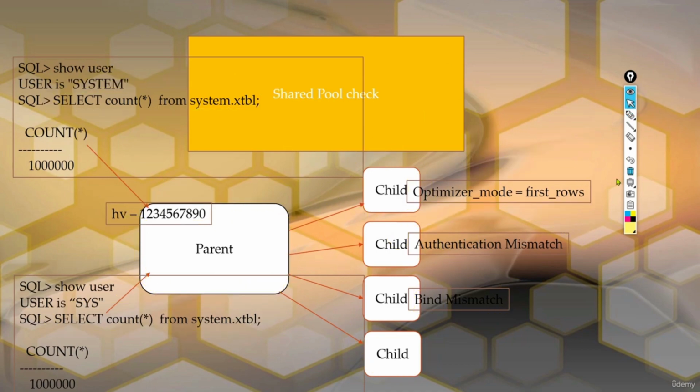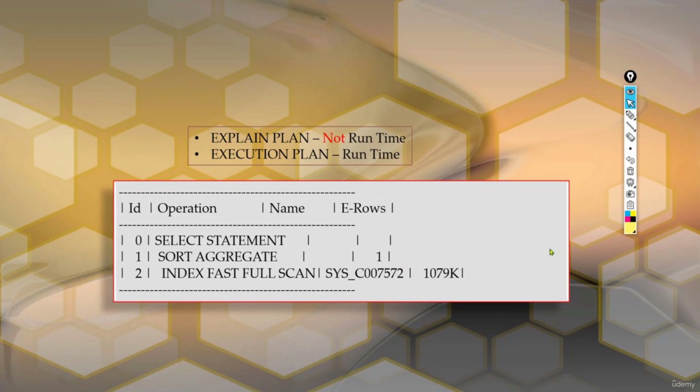so let us see the sample execution plan of a particular SQL statement. Okay, so there are two plans. One is explain plan and another one is execution plan. Okay, but conceptually both are the same. Both the plans represent the access path of the SQL statement.